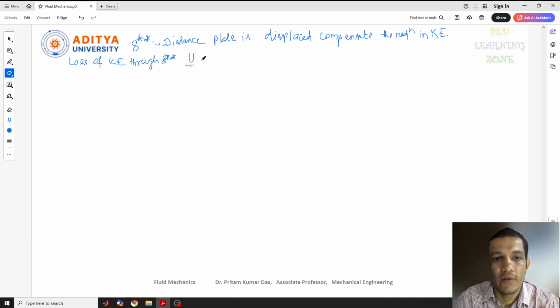What is the kinetic energy? Half m v square. So here also we can write half into rho into volume into v square. So this is half rho, area is b, the width, and the thickness is now delta double star. Initially the thickness we had taken was dy, now it is delta double star, into the free stream velocity U, and this is U square.